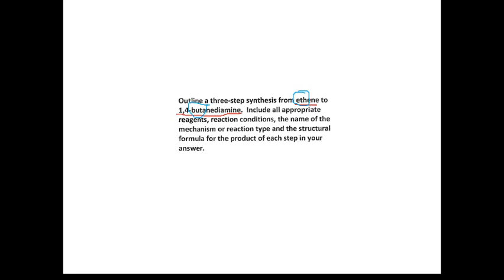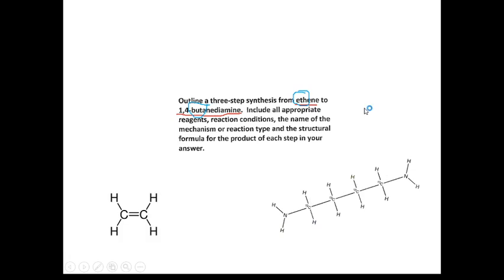So now we've seen that clue, it's hard to work out what's going on for these big long names. So let's draw them. I haven't drawn it. I've actually Googled it. So that's why it looks a bit funny. But there's the target. It's often good to start by thinking about the target. And there is what we're starting with, the ethene.